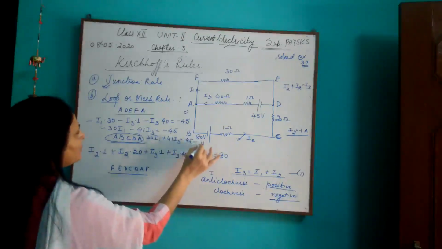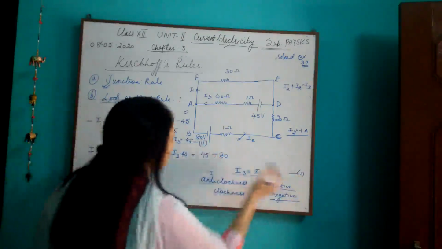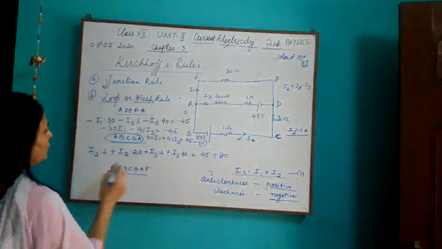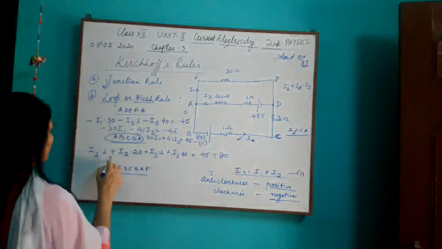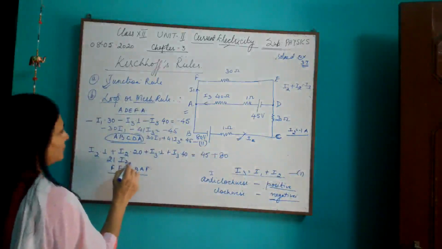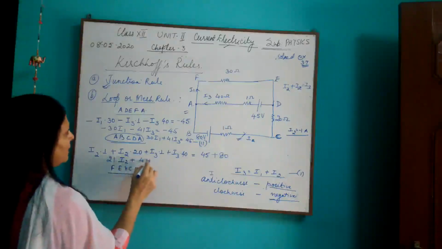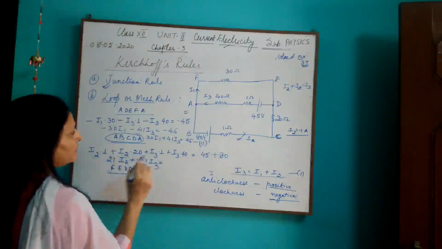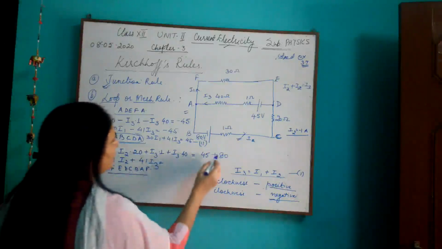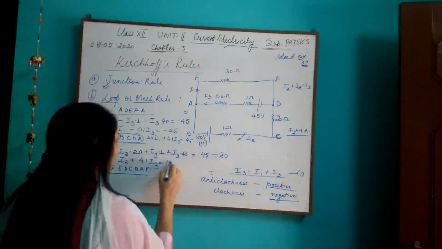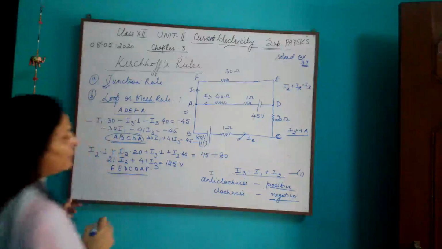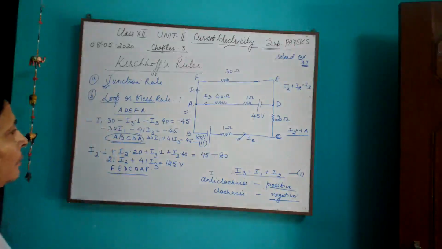This will be your equation number 2. This was your equation number 1. Now here also you can get in the same manner 21 I2 plus 41 I3 is equal to 8 and 4, 12.5 volt.